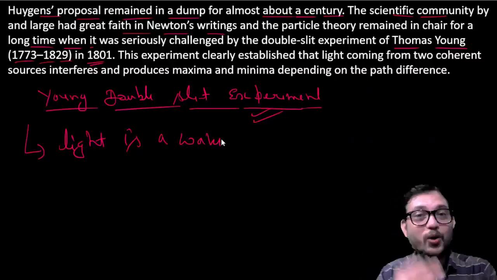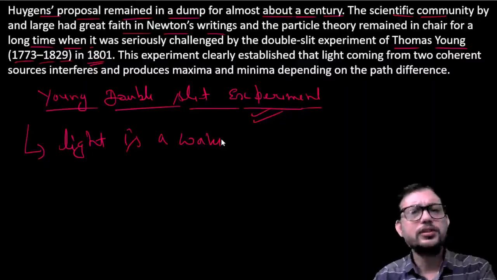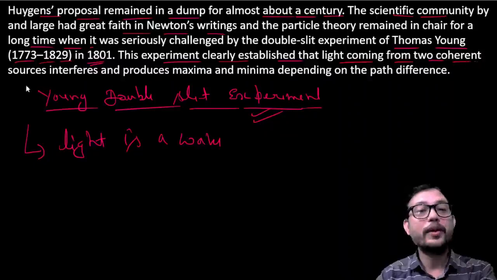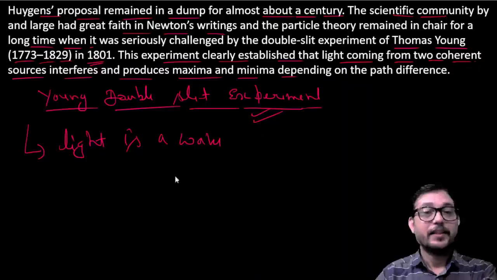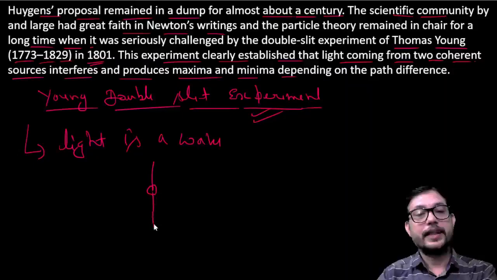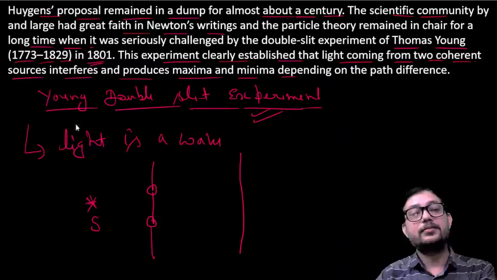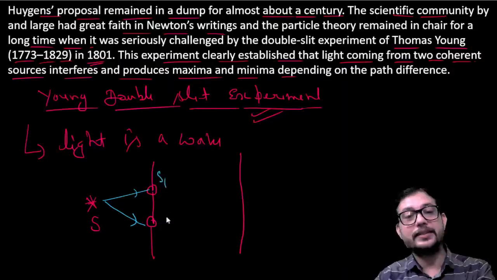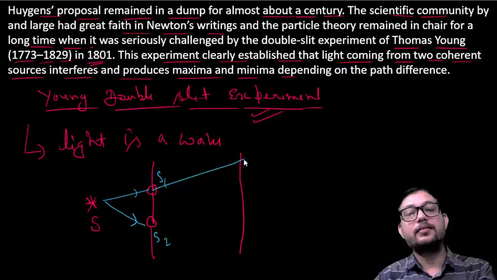And how did he say this? Because the experiment established that light coming from two coherent sources interferes and produces maxima and minima. It means if we take two holes like this and we place a screen and a source, then the light wave passes through these slits S1 and S2, and at a point they superpose.